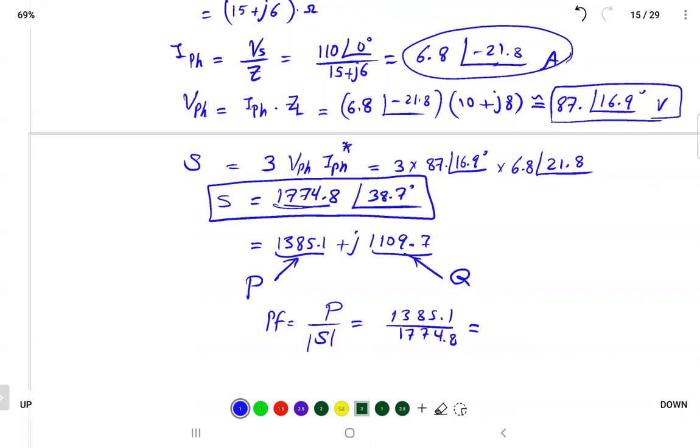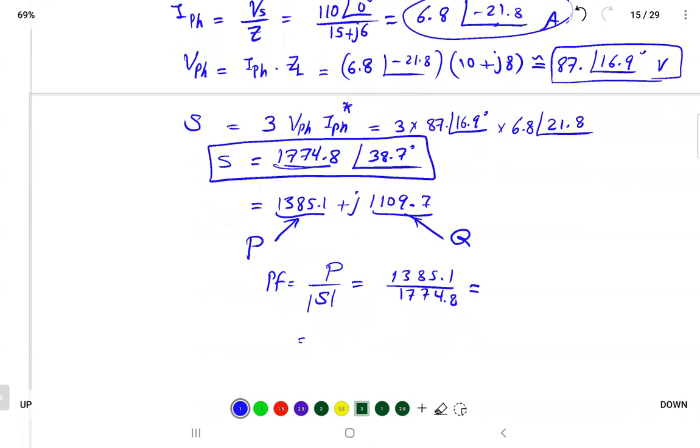Very simple. Or we can do it by the cosine of the angle. What is the angle we're going to use? This angle, 38.7, and you can check it by yourself. You get the same answer. So you have many ways, and it's better to do it in many ways. So that's the way that you're going to solve it.